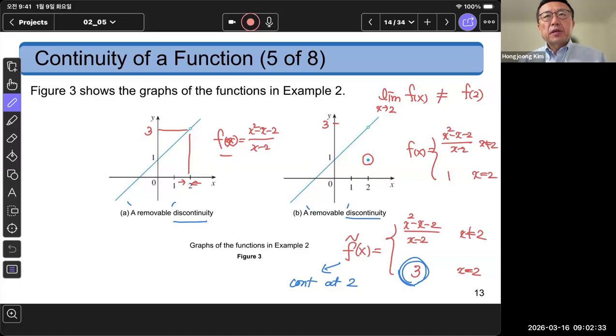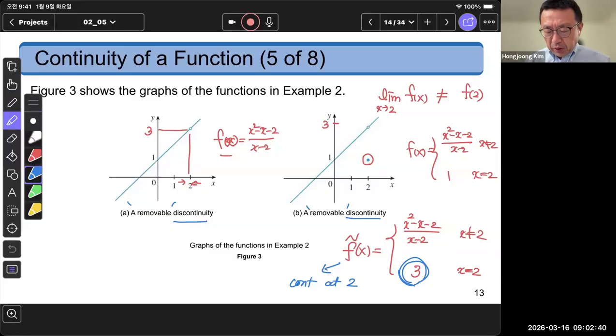But in case of A or B, as I said, if I define a new function, say f tilde, which has the value of x squared minus x minus 2 over x minus 2 for all x values except 2, and then if I assign the value 3, not 1 or any other value, but 3 at 2, then the function becomes continuous at point 2.